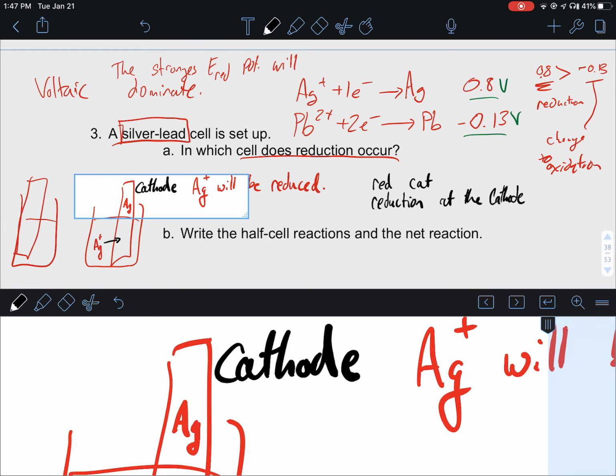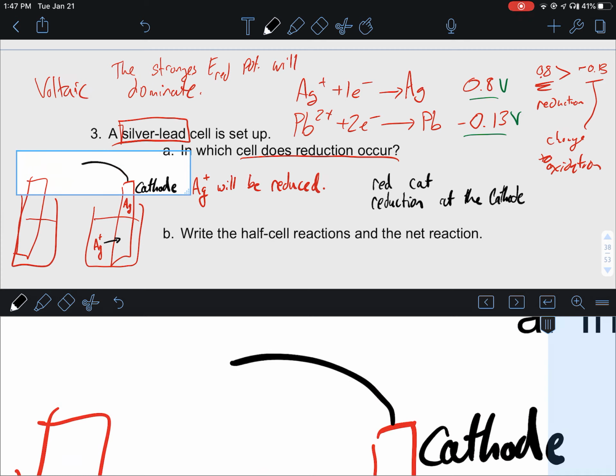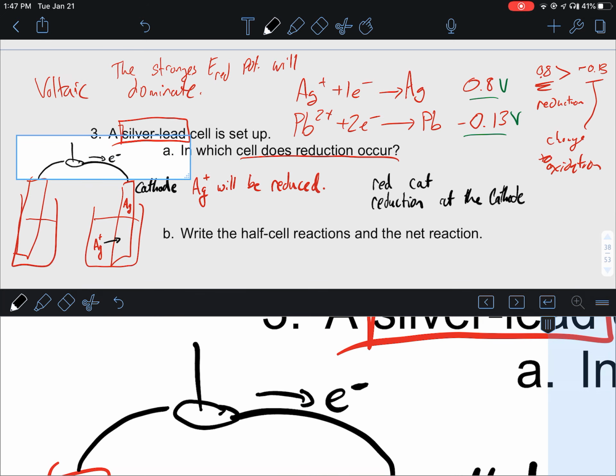And also, because reduction is going to be important to this, it's going to need a supply of electrons. Those electrons are going to have to come from somewhere, and we can put whatever we want up here. Sometimes we put a meter. Sometimes we could even put a little light bulb if we want. Whatever you like.